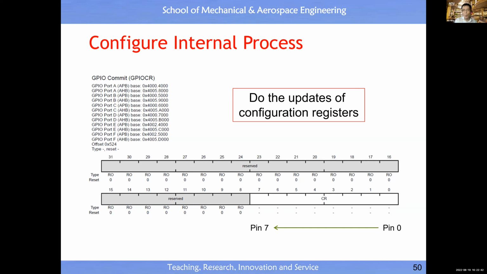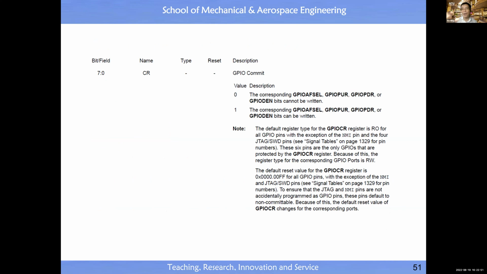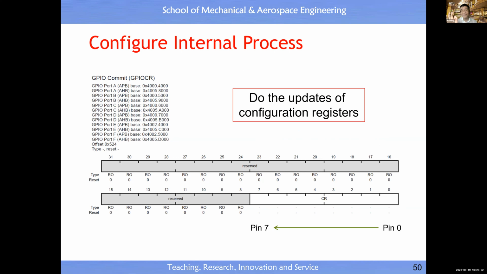If you do not write the 111 here, then whatever change of configuration will not take effect, right? So you must tell it, okay, after configuration, update the configuration. And this register could be locked. After that, I lock it, okay? Once you lock it, regardless of how you change things, it will not take effect.